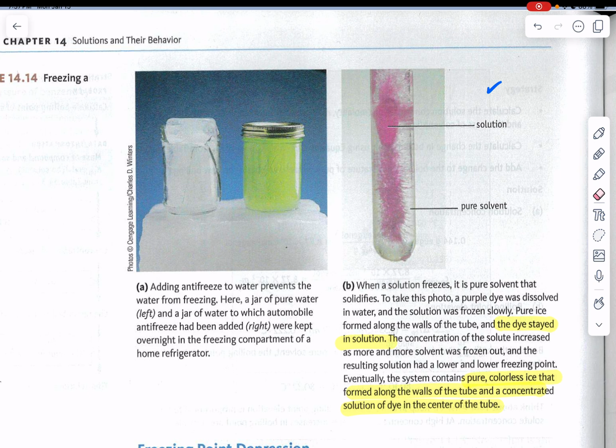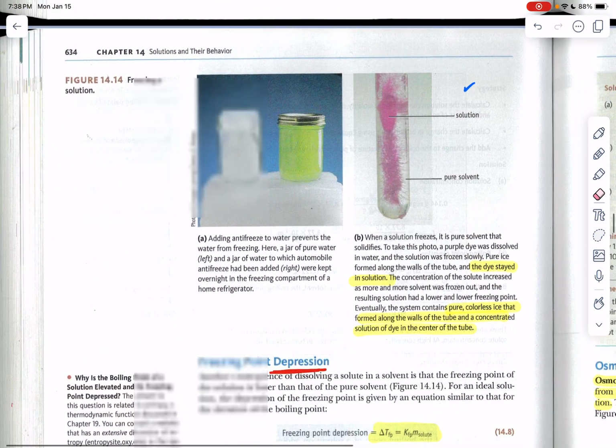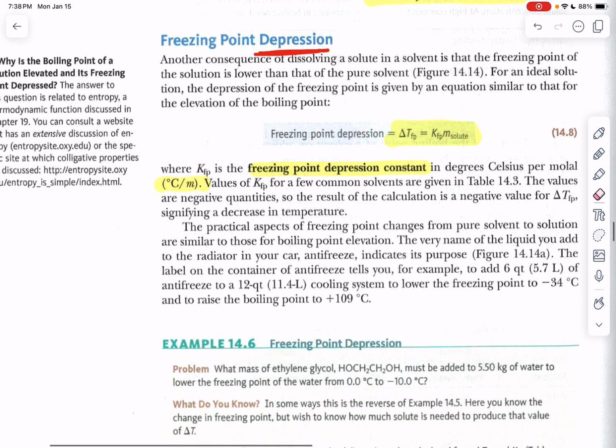As the ice forms around the outside, the large molecules will preferentially stay in the liquid state, and so the dye is concentrated. It no longer is evenly distributed throughout the solution, but it's concentrated in the middle part that hasn't really solidified, or will solidify eventually if it gets cold enough.